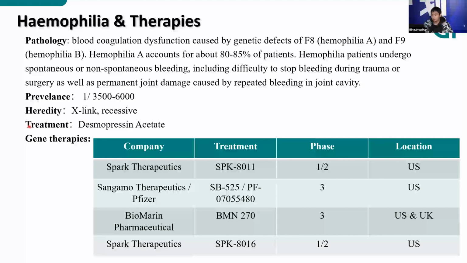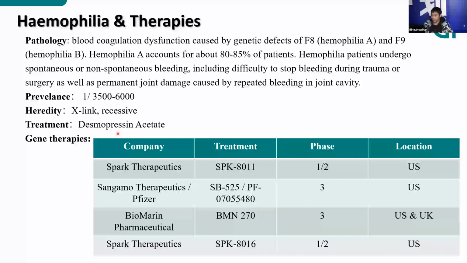The general treatment of hemophilia is desmopressin acetate, which helps people coagulate their blood when they are bleeding. However, this is just a treatment for when we have bleeding, and it won't be a permanent strategy to cure hemophilia.